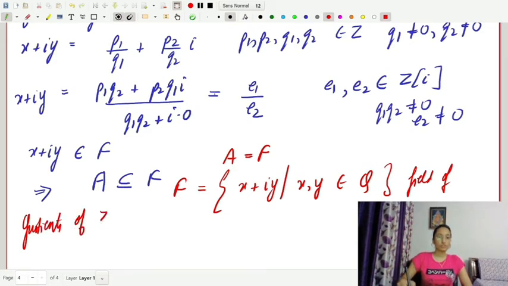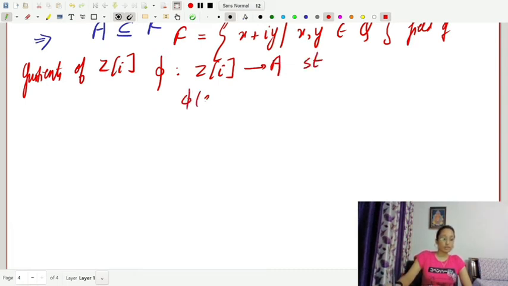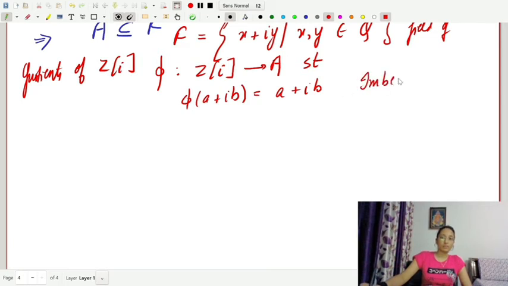In fact, if we look at a mapping phi from Z of iota to F, such that phi of a plus iota b is equal to a plus iota b, it is the embedding.